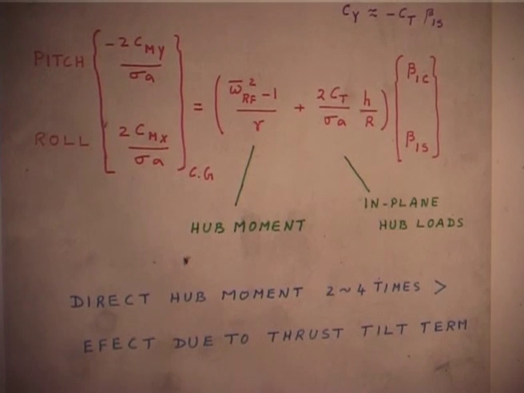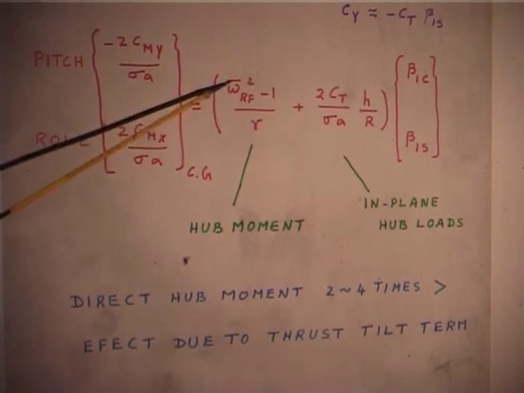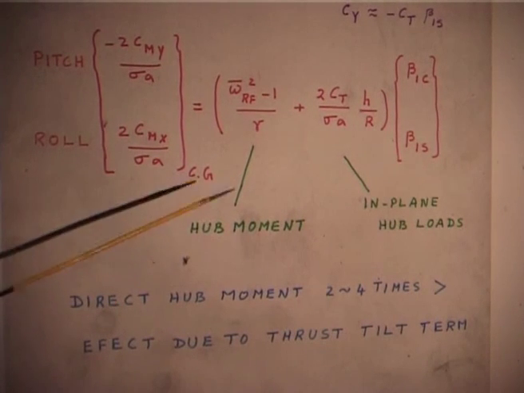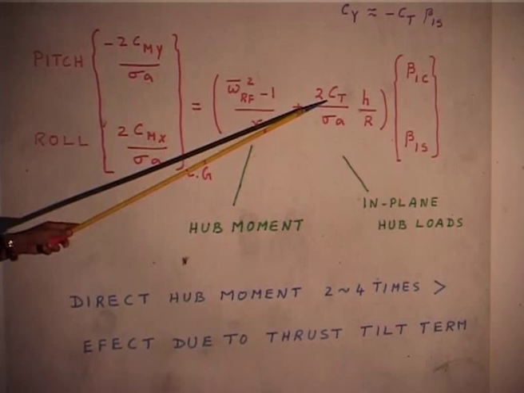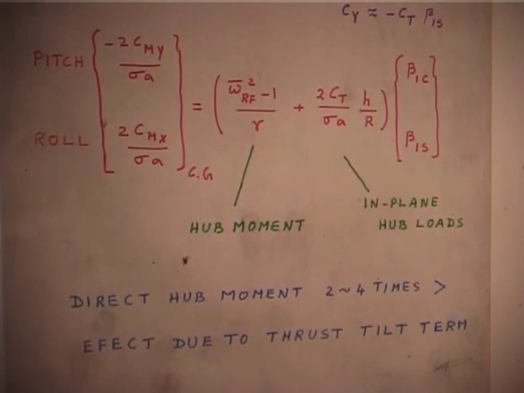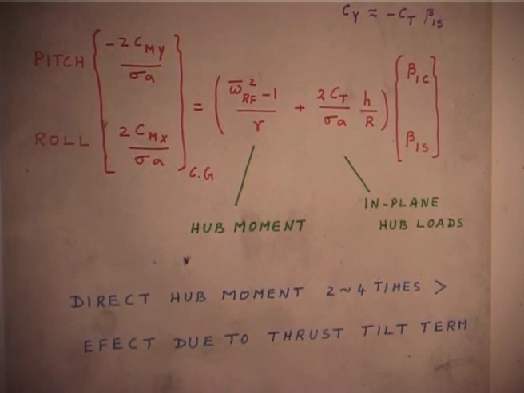Now you see, if a pilot wants to do a good maneuver, which moment is good? Suppose I make my flap frequency equal to 1, that means this term is gone. I do not get any hub moment. He has to fly only with this CT, only by thrust tilt. That is why in a helicopter you do not go to a zero thrust condition. That is the inverted loop.